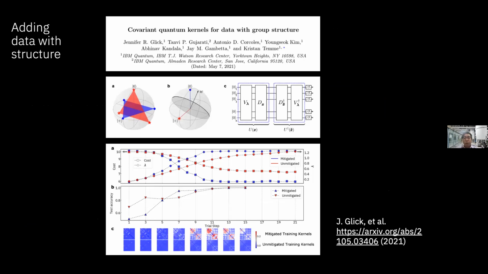And this was done on one of our systems, our Calcutta system, which is a 27 qubit quantum processor. And effectively, we were looking at a particular kind of problem, which is called labeling cosets. It contains covariant data with very special group structure between the data.